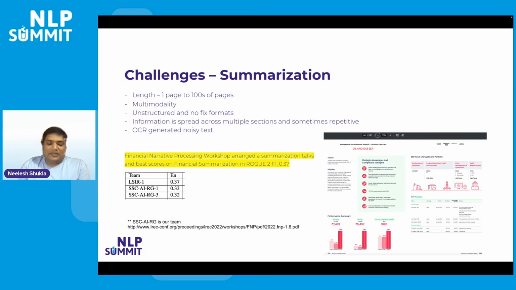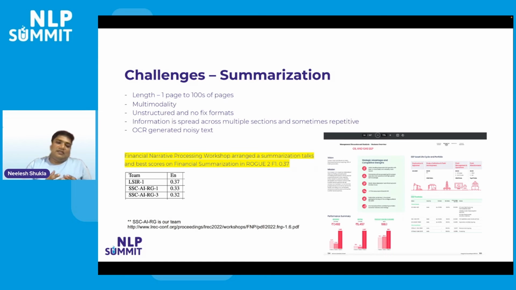Summarization is difficult, because first you have to summarize 100 pages, right? Then you need to identify which page or which particular part is important, not only a particular text. Then there's multimodality. There are images, tables and numerical information and others. And when we do OCR, it creates noise there, right? And obviously, all these documents have no fixed formats. They are different in different varieties.